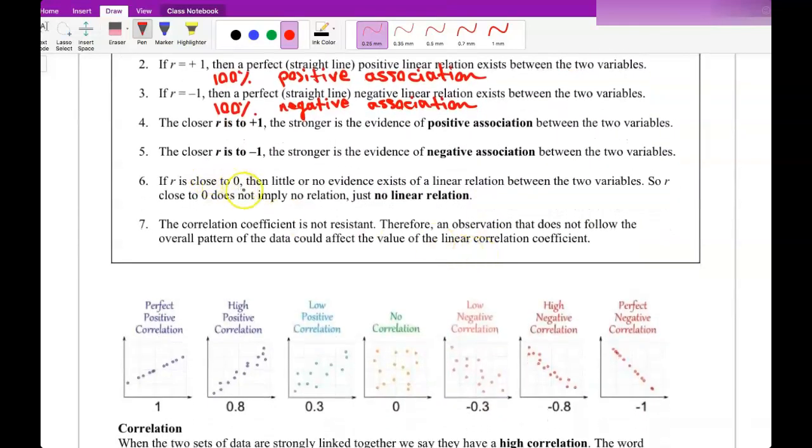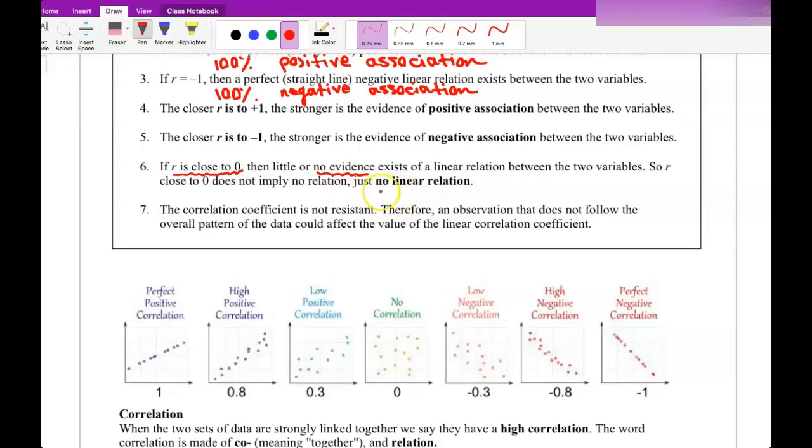If R is close to 0, then little or no evidence exists. If R is close to 0, there is no evidence, which means no linear relation.